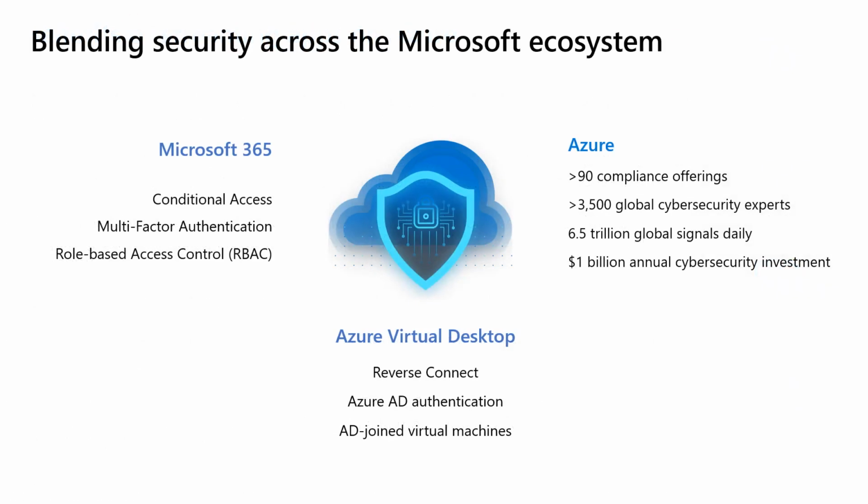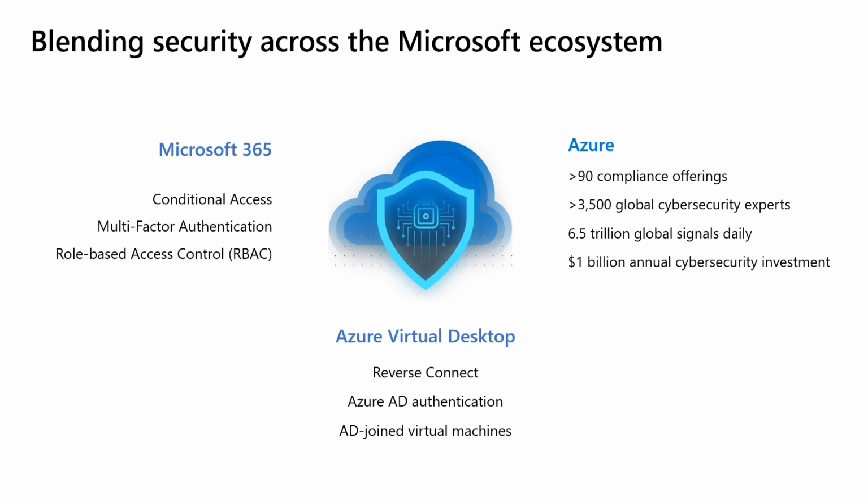If we look at security for Azure Virtual Desktop, we'll be able to see how Microsoft blends security across the Microsoft ecosystem. Azure Virtual Desktop is closely linked with the Microsoft 365 security features, including conditional access, multi-factor authentication, and role-based access control.